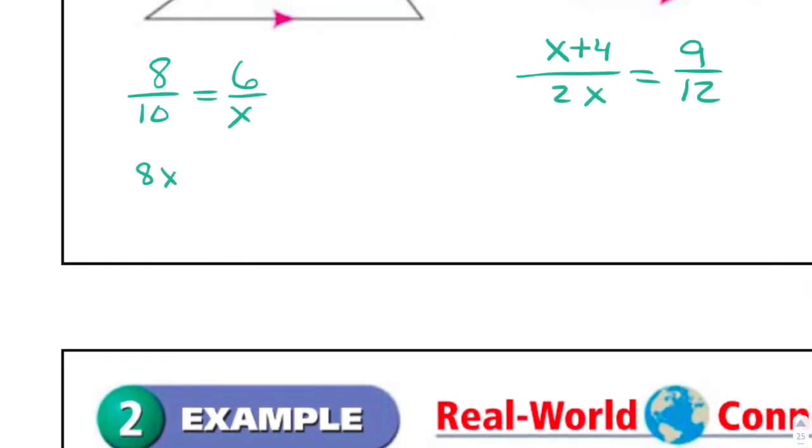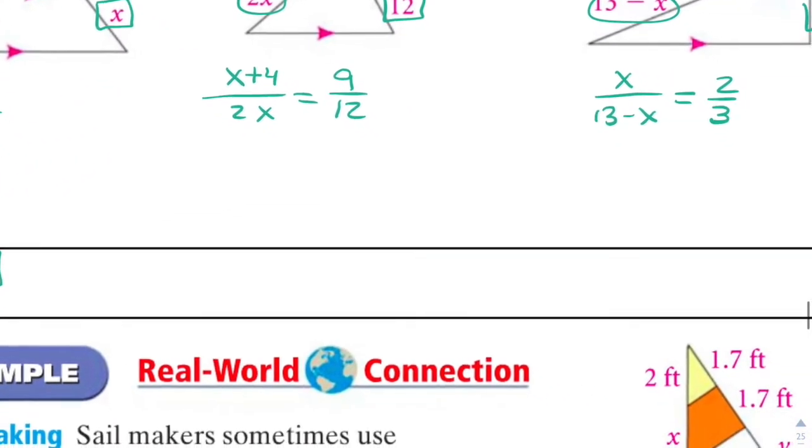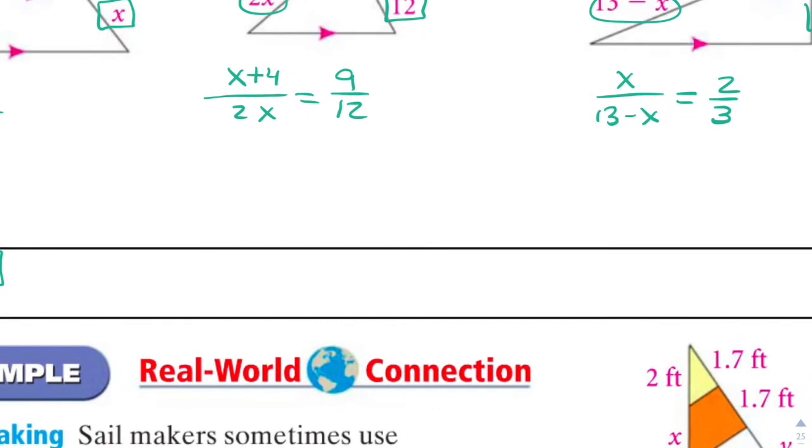So 8x equals 60. And 60 divided by 8, so x equals 7.5. This one is going to be 12x plus 4 equals 18x.